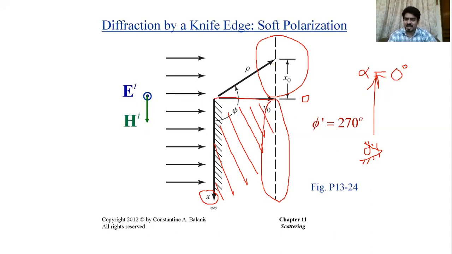Ideally, as per the geometrical optics approximation, in region 1, where you have x negative values, you will have direct fields incident from the source.